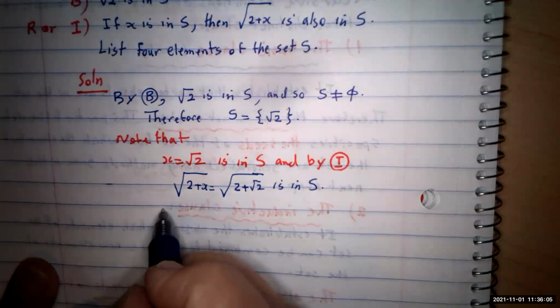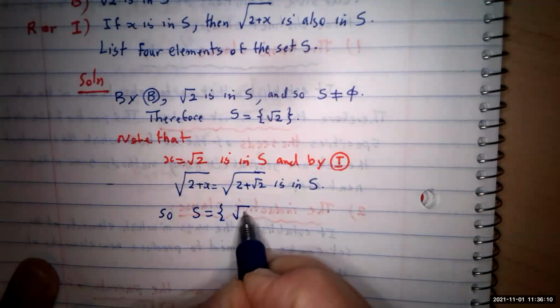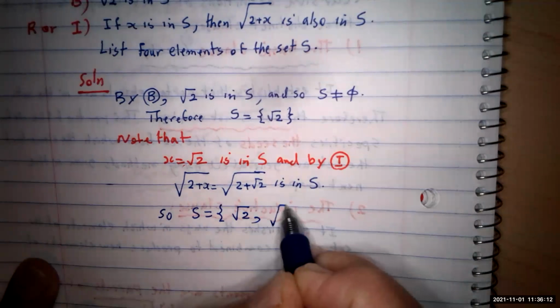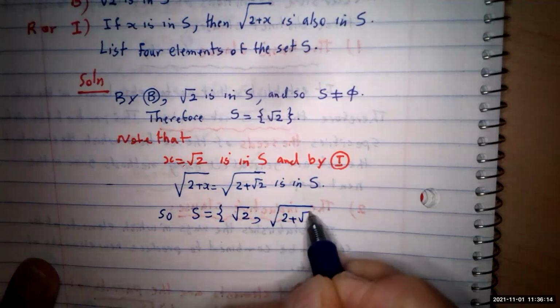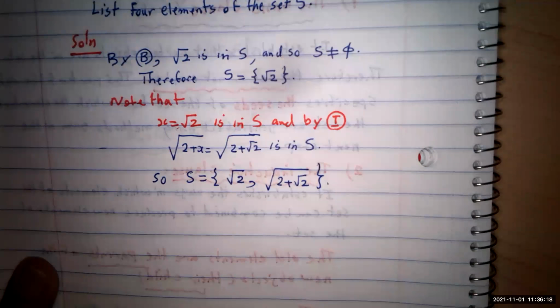So what we have so far, S is equal to radical 2, one element, and the other one is the square root of 2 plus radical 2. So this is your S so far. And now we can continue.